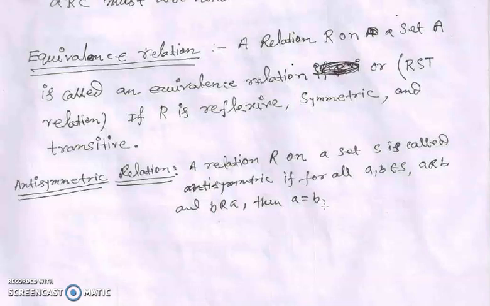Again, minus 2 divides 2, so minus 2 R 2 is also satisfied. Both a R b and b R a hold, but a is not equal to b, because 2 is not equal to minus 2. So this relation is symmetric, but not antisymmetric.